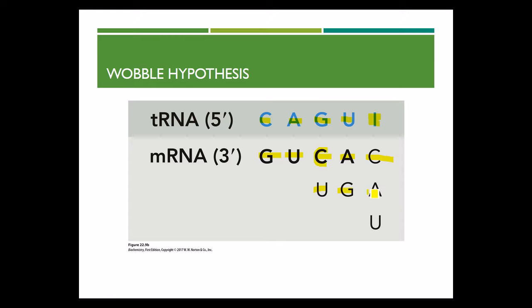It could read for C, A, or U. The degeneracy, or repetition, of the genetic code arises from the imprecision in the pairing of the third base of the codon with the first base of the anticodon.